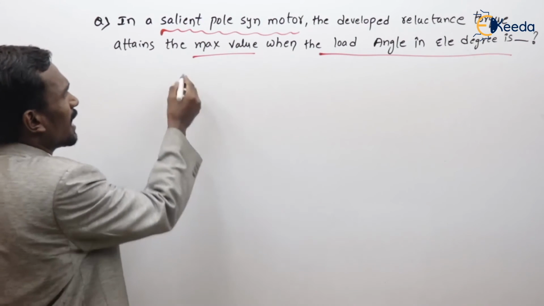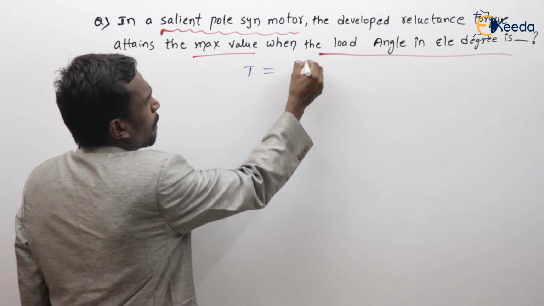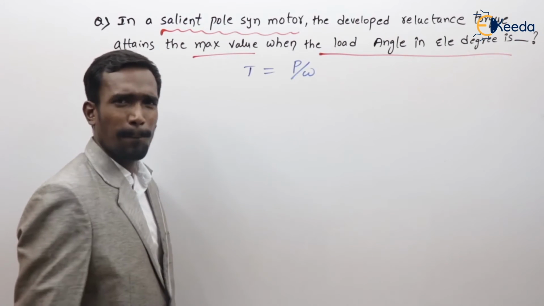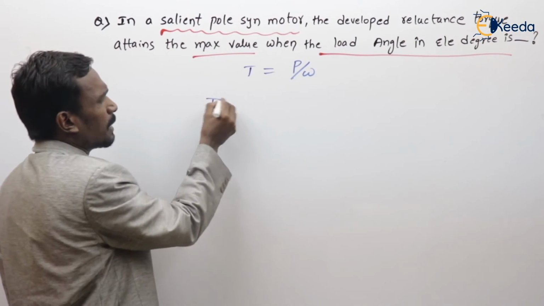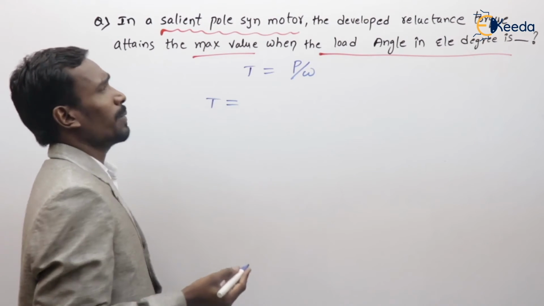Actually, the torque T is nothing but P by omega. What is the P in a salient pole machine?